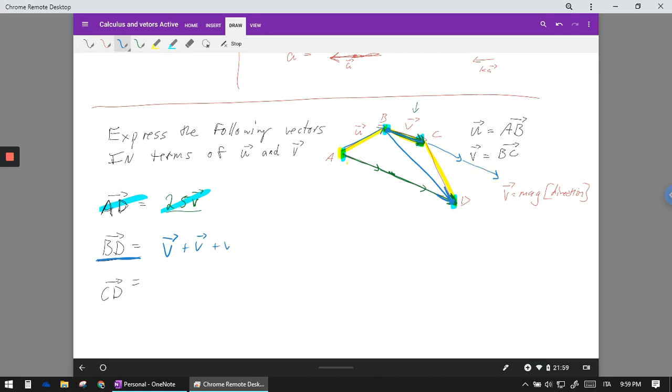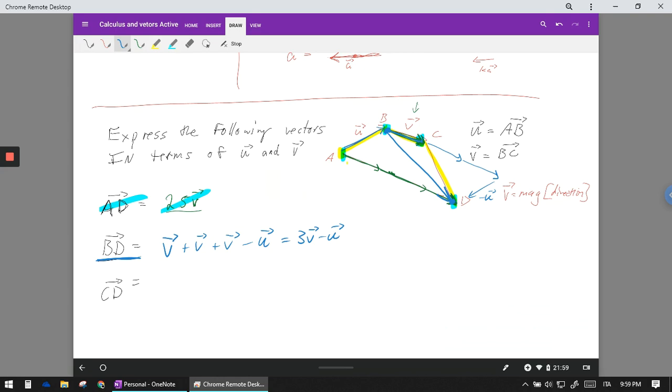Interesting. Oh, I've gone too far. But now look, if I actually go in the opposite or minus U direction, then I've basically achieved the same goal as starting at B and ending at D. And so the BD vector is 3V vectors minus a U vector. There we go.